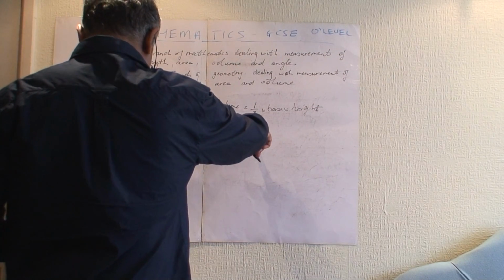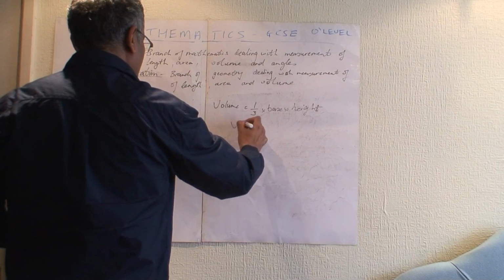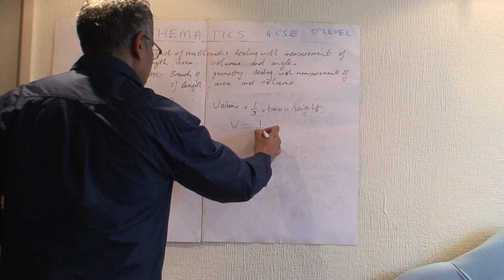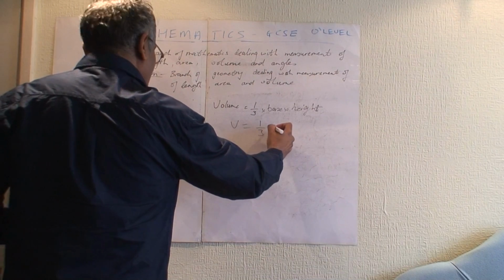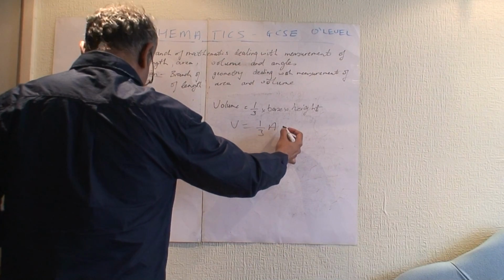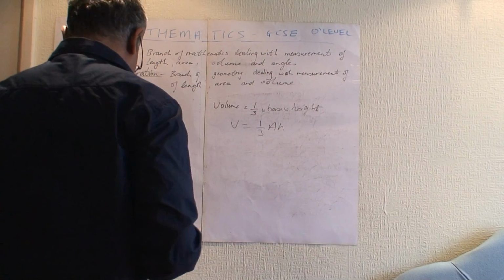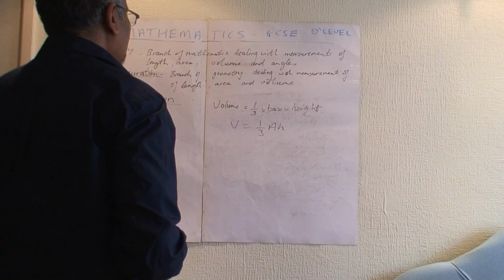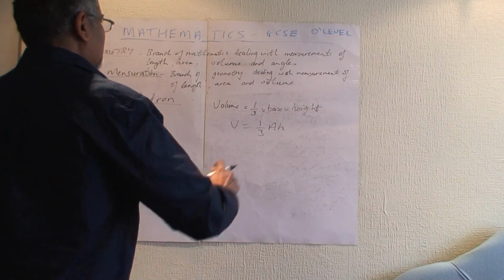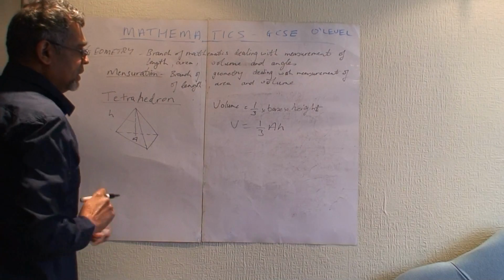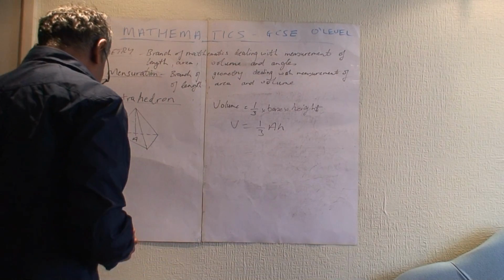So the formula is V for volume, a third, area of the base multiplied by height.